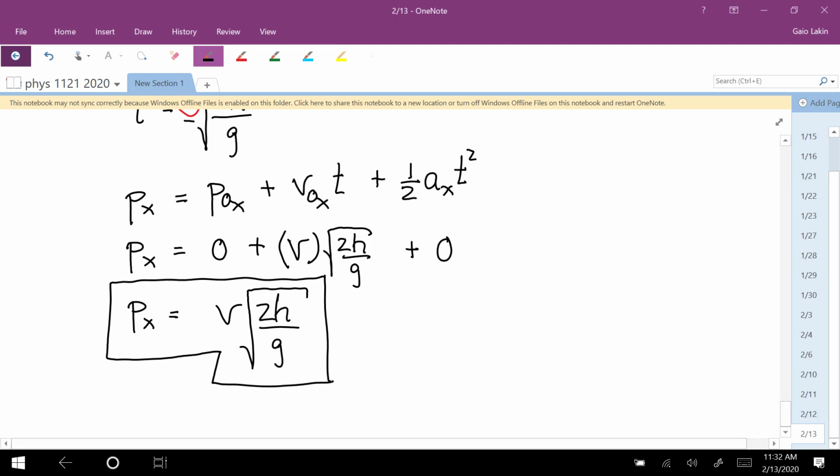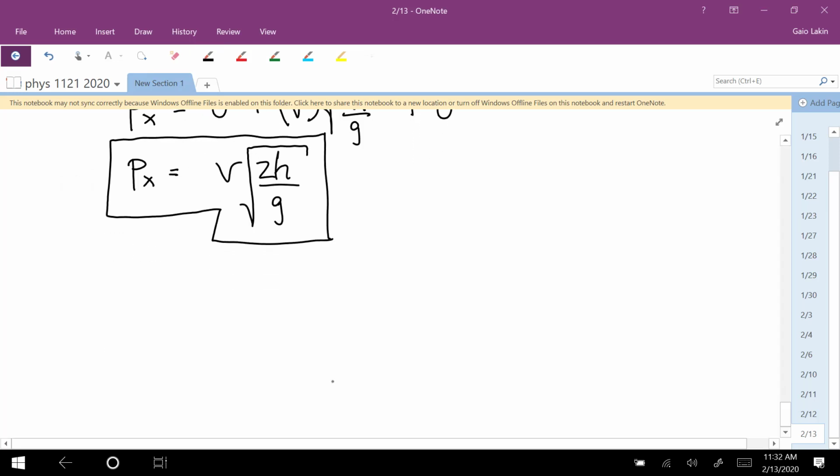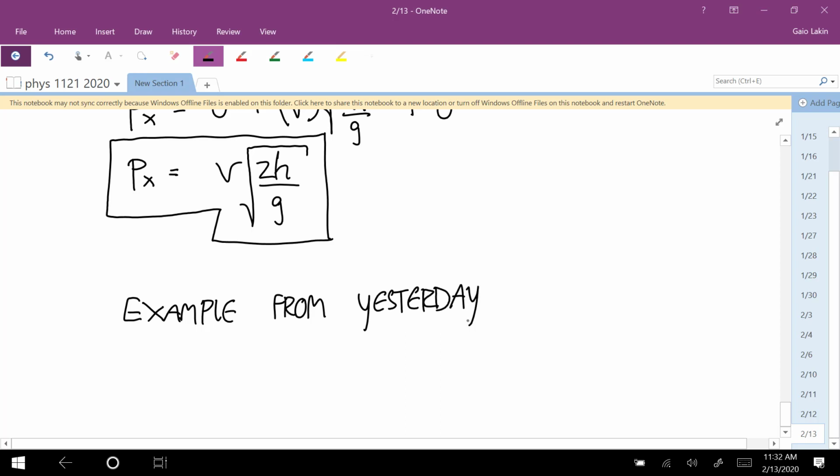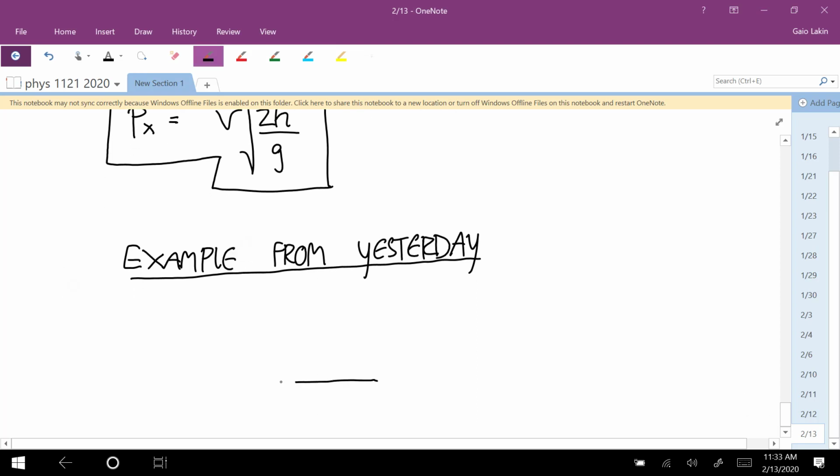Well, let's finish the example that I started last time. So the example from yesterday: we had a horizontal ground and a wheel rolling without slipping.